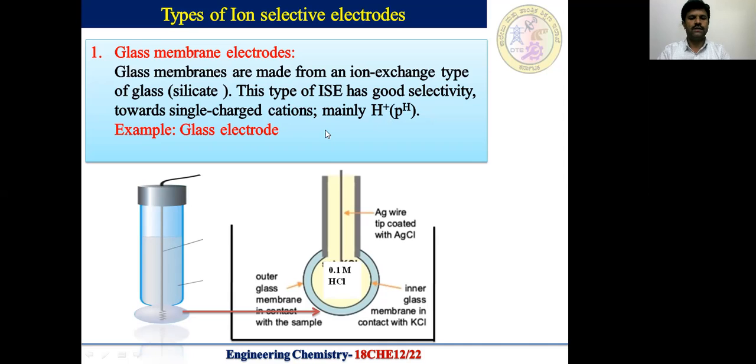Example, glass electrode. And this glass electrode particularly respond to H plus ions. And different glass membrane electrodes will respond to different ions as well.